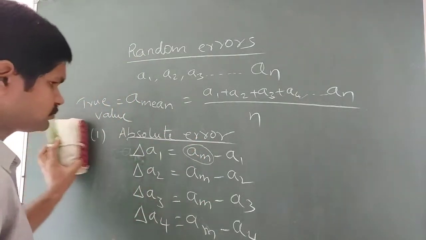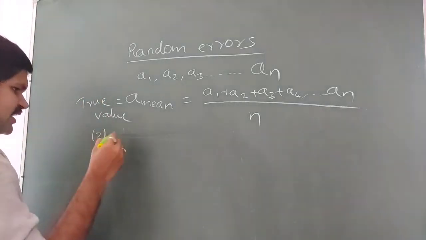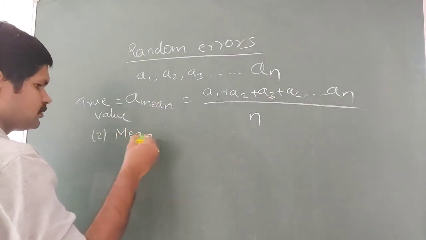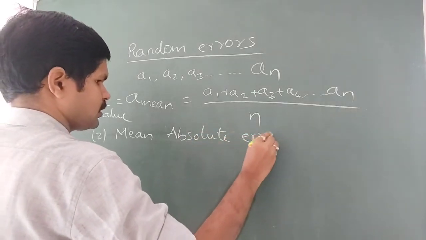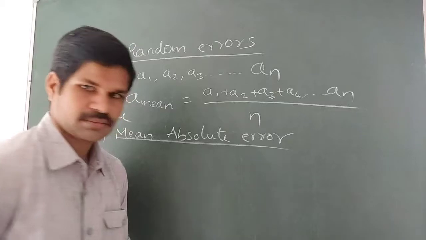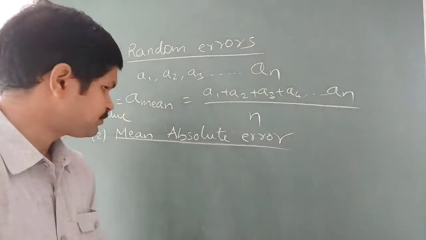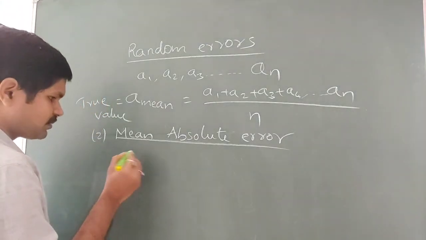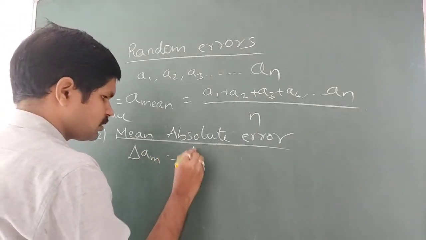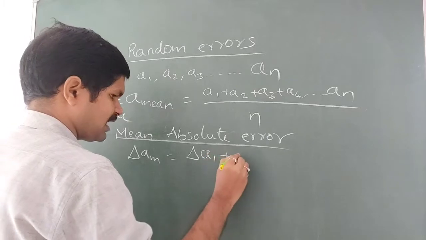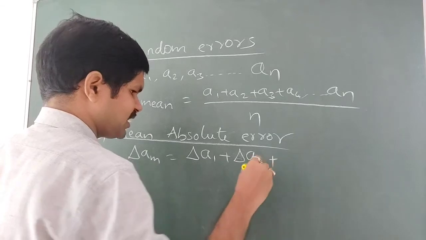The second one is mean absolute error. What is meant by mean absolute error? It is delta AM, which we can write as the average of all the absolute errors.